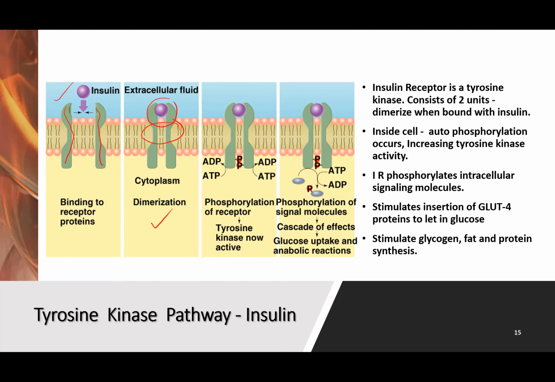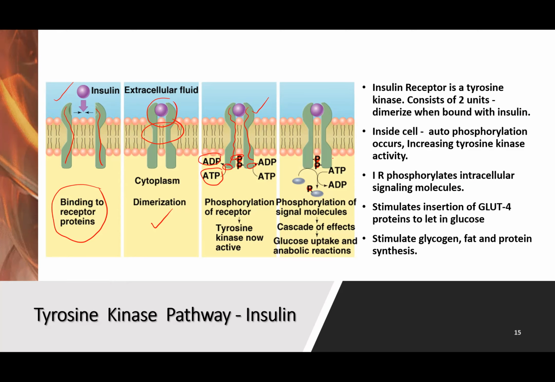Once the insulin is there, it binds to the tyrosine kinase receptor, and the two halves come together and pick up the insulin molecule. Once the insulin molecule is here, it triggers several chain reactions through these two limbs. ATP is converted into ADP and phosphate is released, and phosphate is added onto the terminal of the tyrosine kinase.